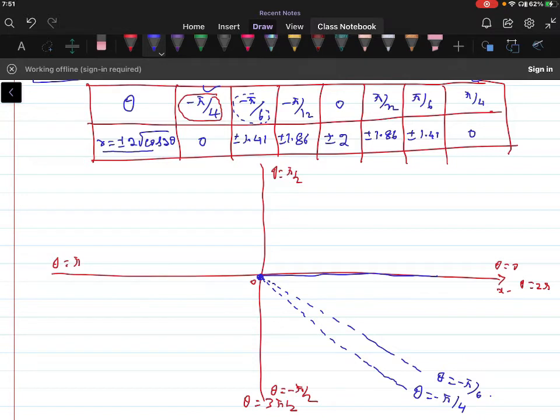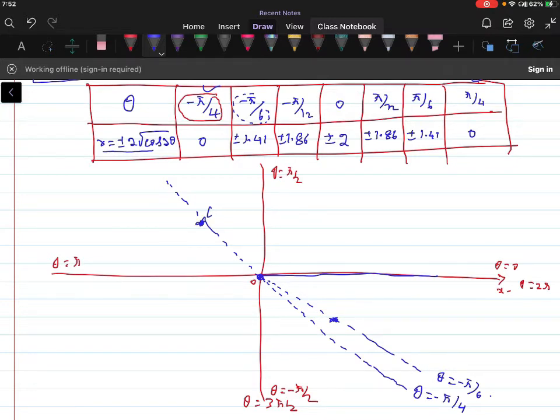Plus 1.41 you can point here. This point has r is 1.41 and theta is equal to minus pi by 6. The representation of this point on the opposite side we can plot as minus 1.41 with theta equal to minus pi by 6.